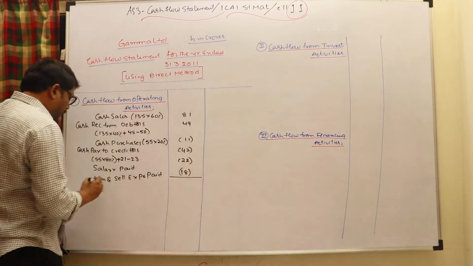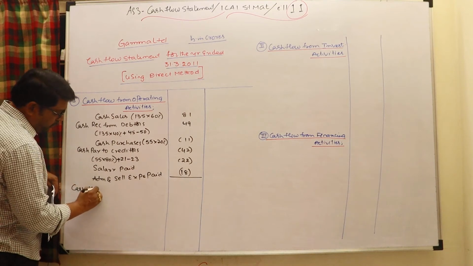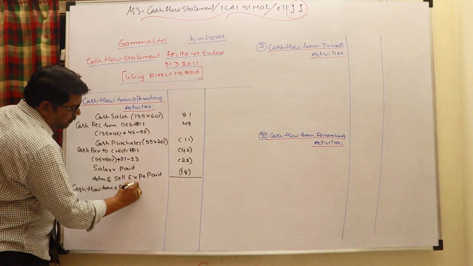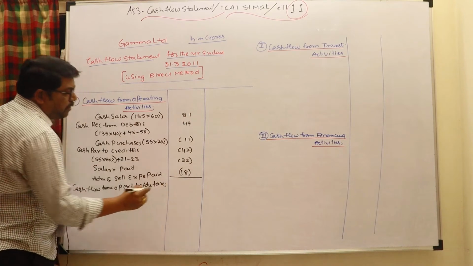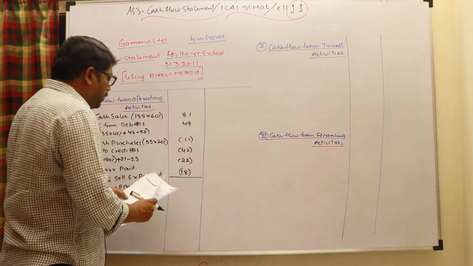The net amount, I can say, is cash flow from operating activities before tax, and this is 37.